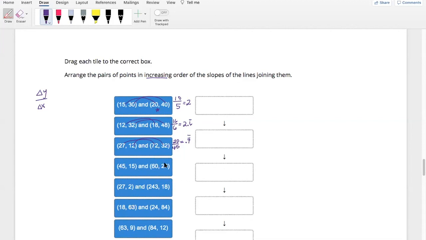All right, this next one, 20 minus 15 for our change in our y values. So 5, and then our change in x, 60 minus 45, would be 15. And so that is 1/3, or our 0.3 repeating.